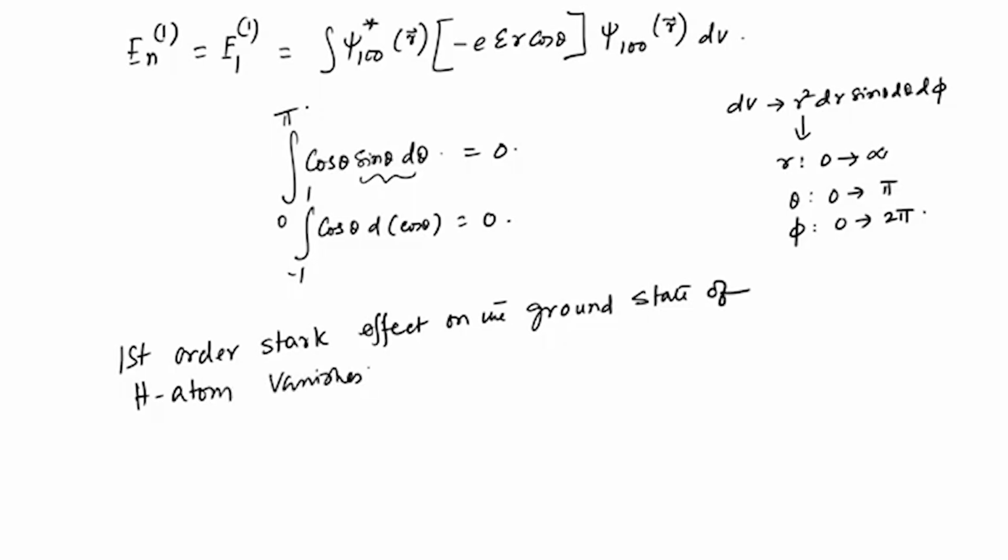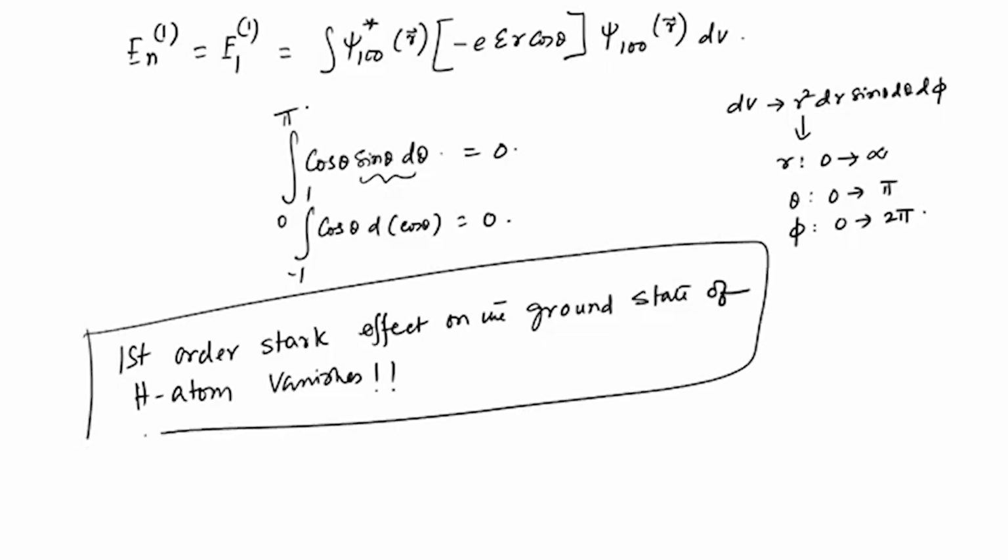This is an important result, and you may be asked a multiple choice question on what the value is, so just keep this result in mind. The result comes because of this theta integral. All the other integrals are non-zero. So, there is no shift in energy because of this electric field to the ground state.